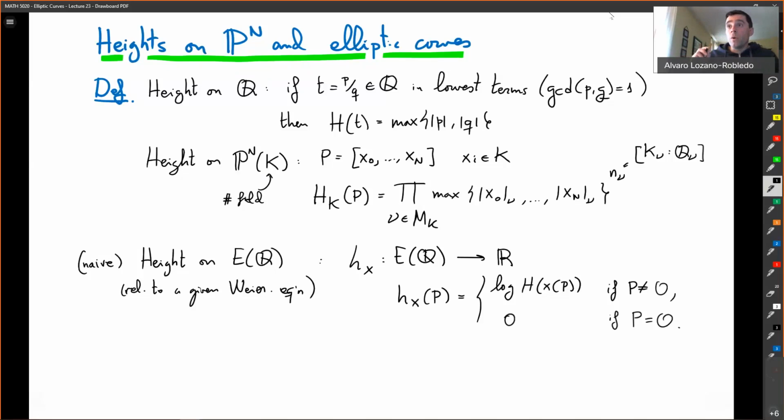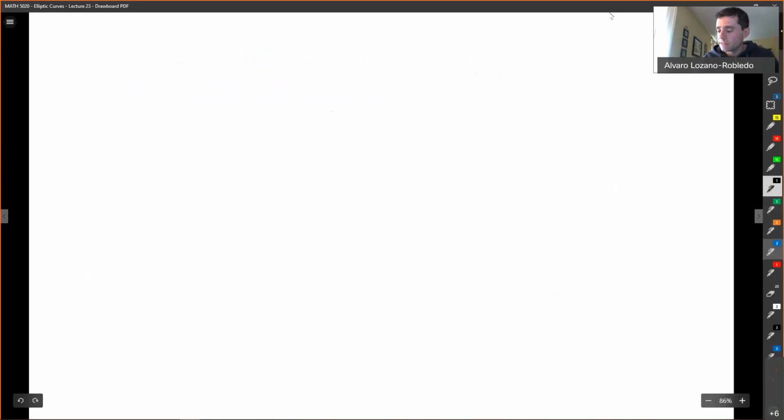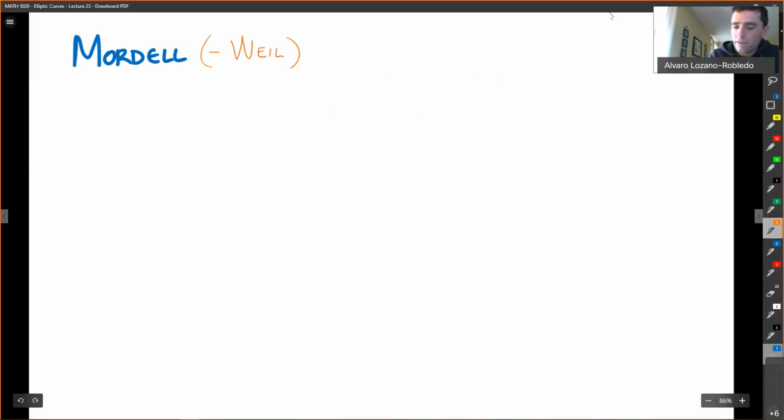Okay, so then we are ready to prove the Mordell-Weil theorem over Q. Okay, so here is the Mordell. I'm going to put it in parentheses actually here. Because Mordell proved the Mordell-Weil theorem for elliptic curves over Q. Mordell proved it himself.